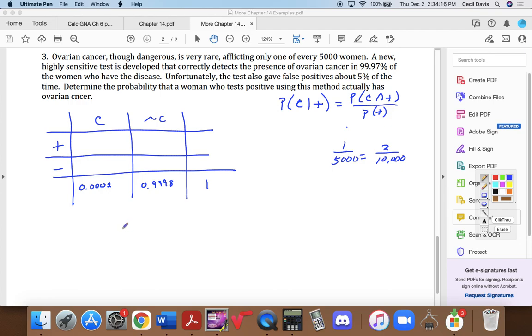And how do we get that really small number? Well, you take that much of that number. So we're going to multiply this number times this number. That much of that number. So 0.0002 times 0.9997.